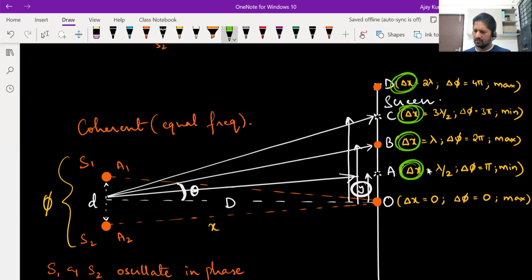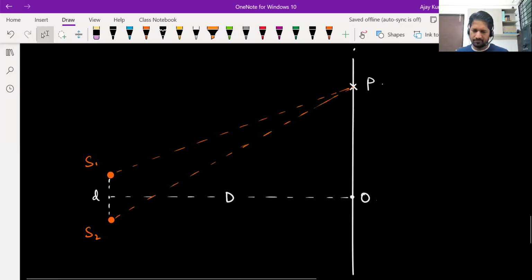Now, practically, suppose you want to know where the first dark spot forms. Let's see what happens. From S1, let's say the distance traveled by the wave is x1, and from S2, the distance traveled by the wave is x2. So they arrive there with a certain path difference.